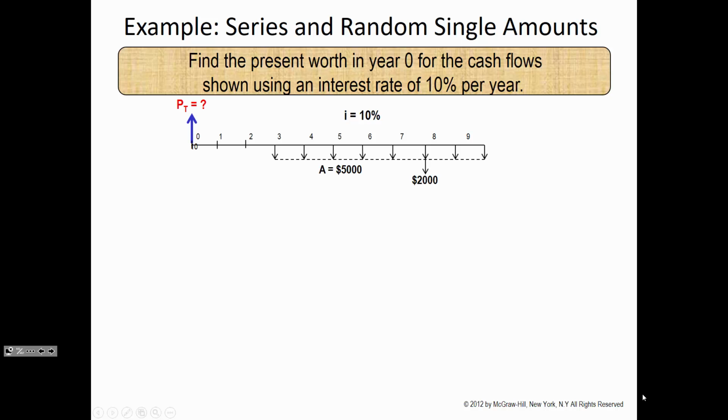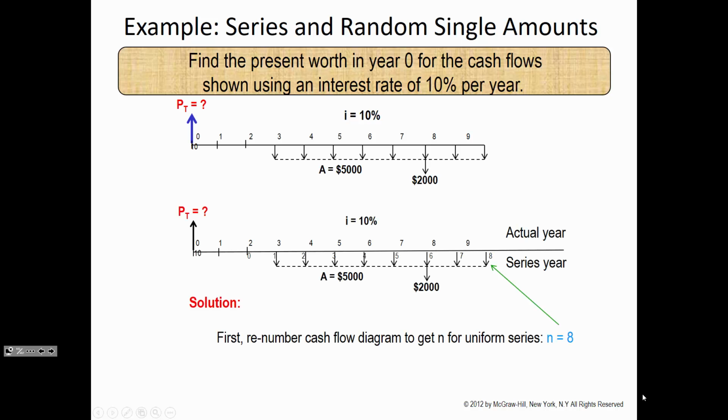And so the steps are, first of all, you may want to renumber time, just with a quasi-zero year. You'll notice here that they've renumbered time and put a secondary time axis so that year 0 is here at 2. Actual year 2, we're calling year 0 because that's the first year before the annual series actually began.